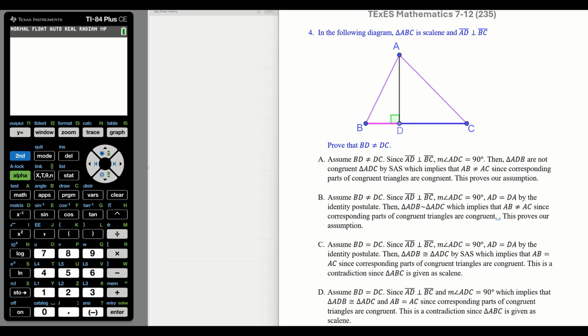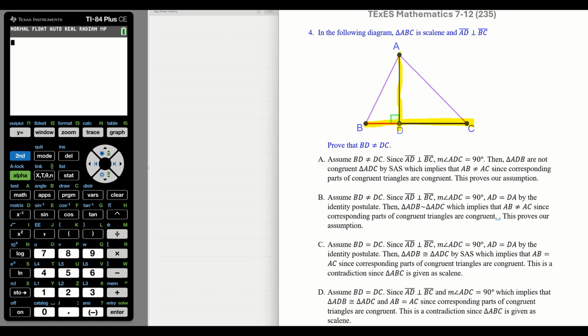Okay, in the following diagram, triangle ABC is scalene and the segment AD is perpendicular to BC. And when something is perpendicular, we know that we have a 90-degree situation. All right. So you could try this indirectly to prove this.